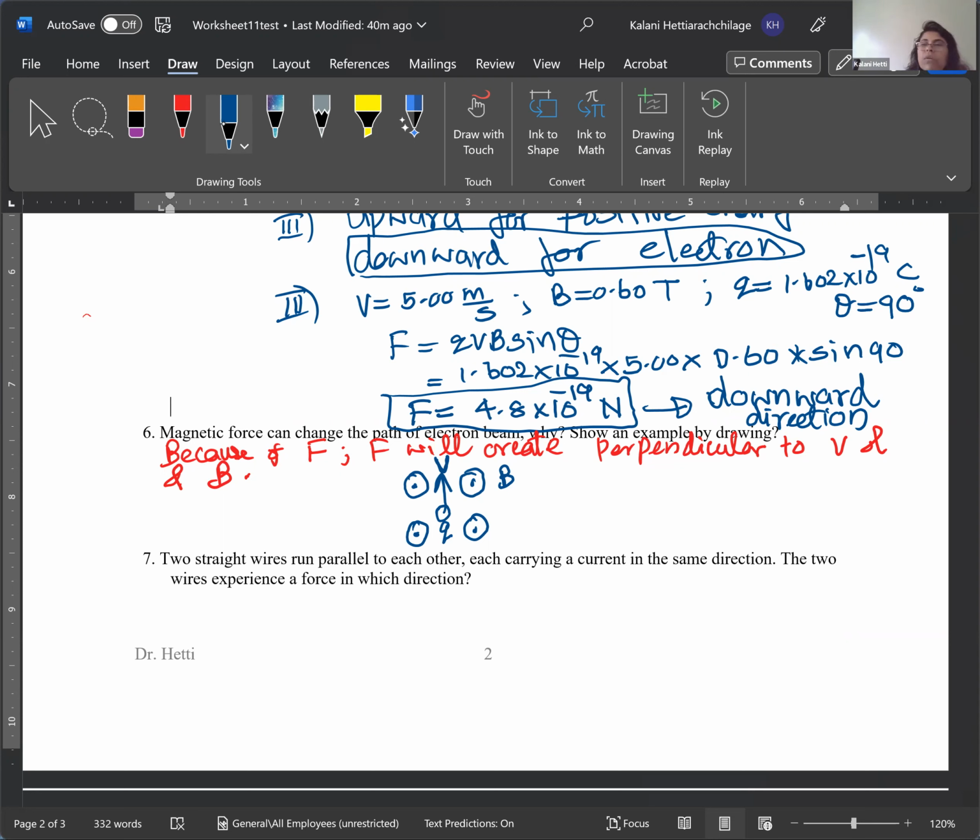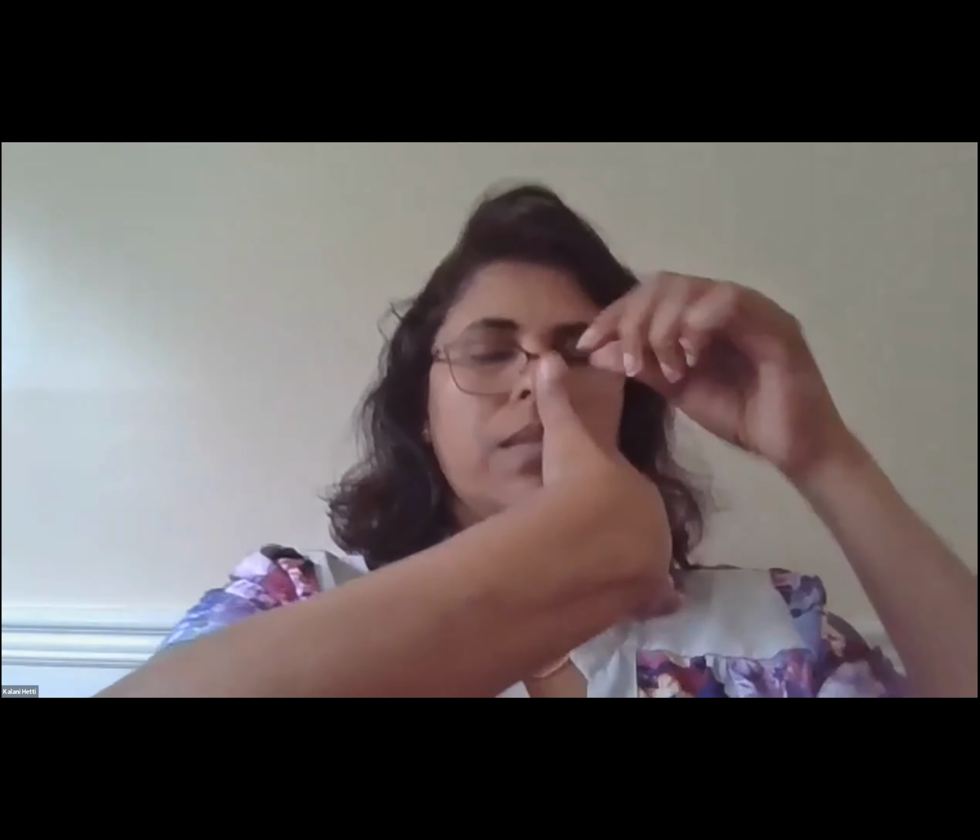Your magnetic field direction is outward, so I have to keep my hand like this, outward direction, right? Then my velocity is upward direction. Now when you keep that, you will see your palm open in this direction, to the right. That will be for the proton.